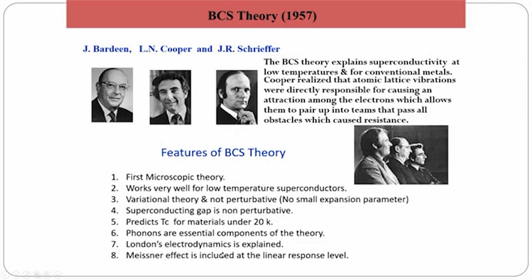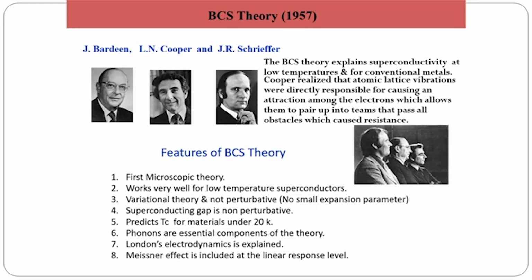And coming to the BCS theory, this was proposed in 1957 by three people, John Bardeen, Leon Cooper and J.R. Schrieffer, and it explains superconductivity at low temperature and for conventional metals.